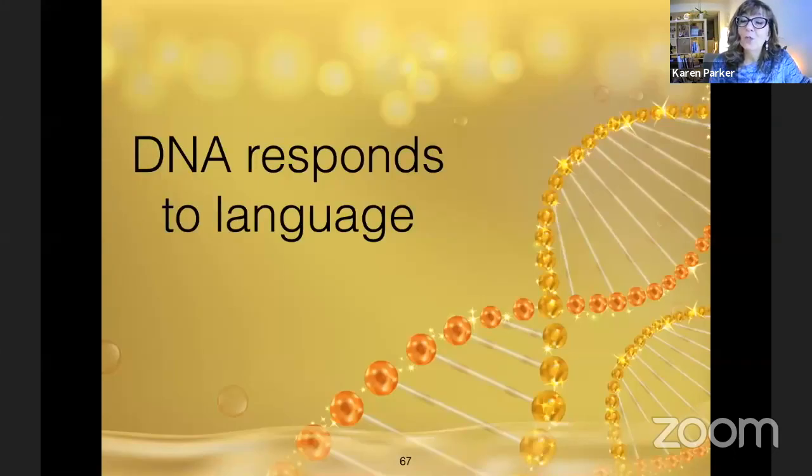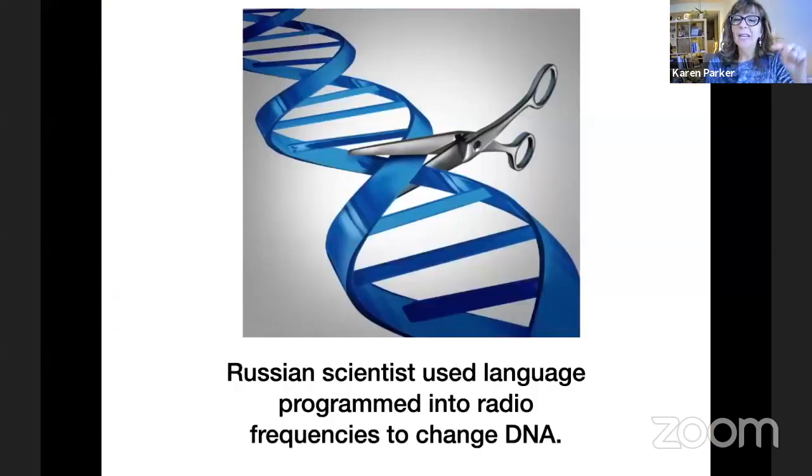When we look at DNA and we use good, powerful words, it actually expands, and the strands of DNA actually get bigger, and its capacity to hold light increases exponentially. You can actually use language to splice DNA. That's a whole other story too, but Russian scientists actually programmed the syntax of language into radio frequency waves, and they were able to use those radio frequency waves programmed with that syntax to splice DNA.